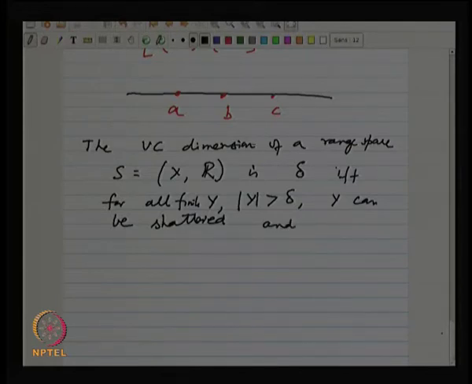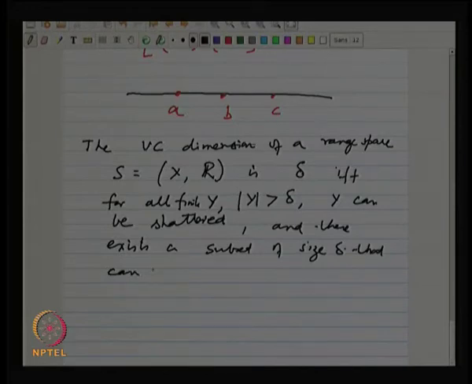To complete the definition, there also exists a subset of size delta that can be shattered. So it is the largest cardinality subset that can be shattered. That is the VC dimension. For the example that we just had, the VC dimension is 2.